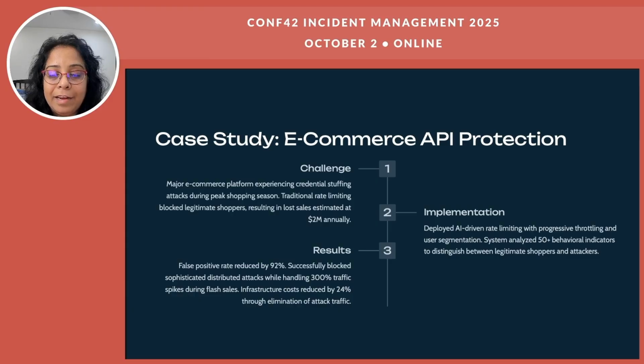Like I told earlier, if you're protecting your data and users' data, your reputation increases, and so does your company's evaluation. And as the digital economy continues to expand, those with the most effective API protection strategies will be best positioned to capture the opportunities of an increasingly connected world.